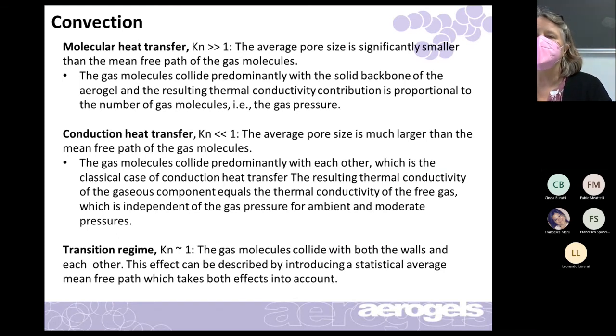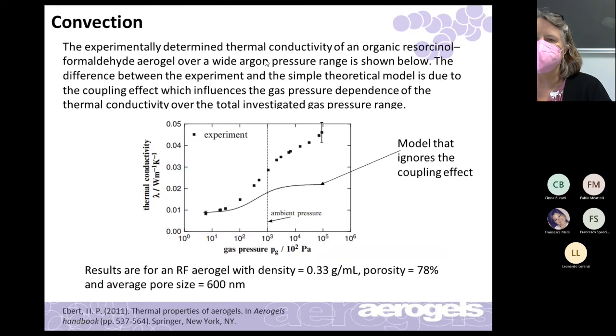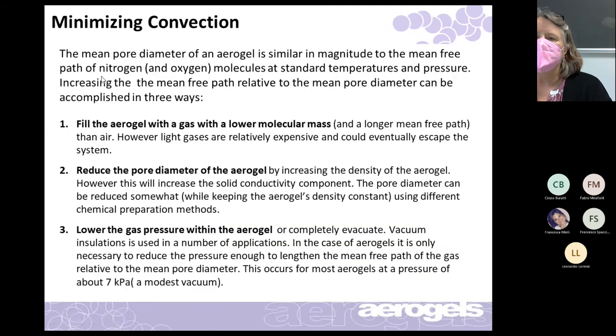Generally, you are in this regime here with the molecular heat transfer. And if you want to, let me talk about it here. So if we want to minimize, well, it depends. There's conduction, there's convection, what's going on in there. So if you want to minimize the conduction, you want to increase the mean free path of something. Sorry, I said convection.